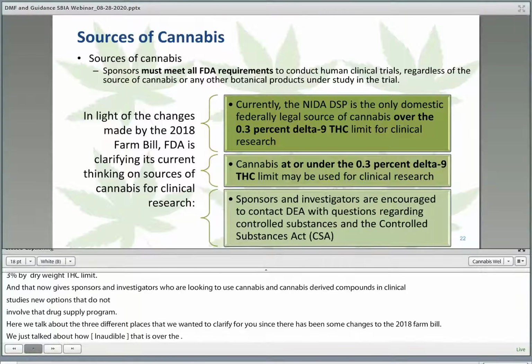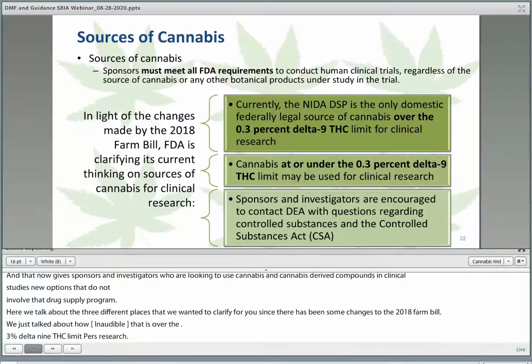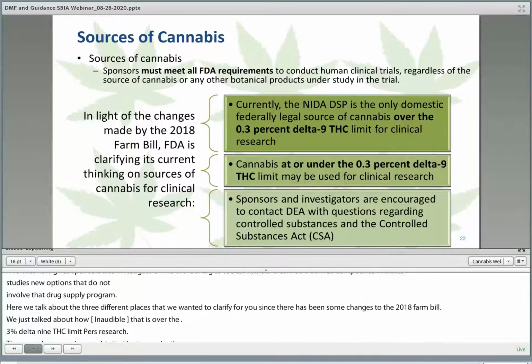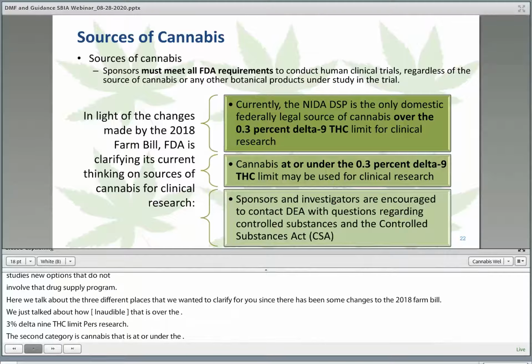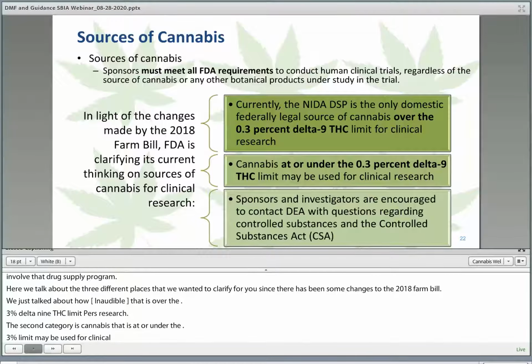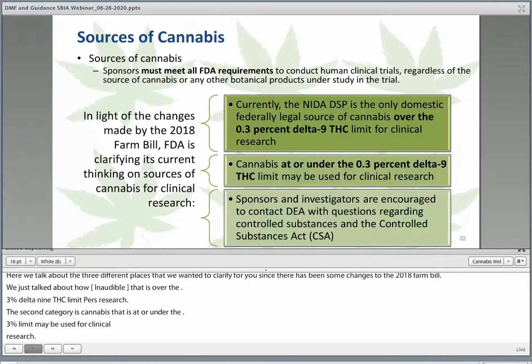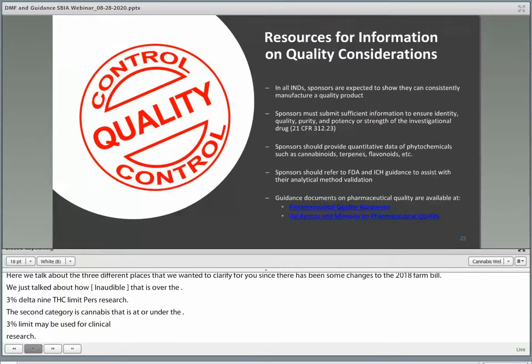The second category is cannabis that is at or under that 0.3% delta-9 THC limit may be used for clinical research. And the third category is anyone who is thinking that they may be using a controlled substance, or even if you're unsure, we encourage you to contact DEA and they can answer all of your questions regarding controlled substances and the Controlled Substances Act to make sure that you are in compliance at all of your facilities.